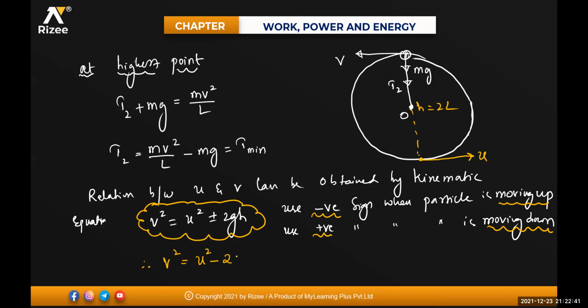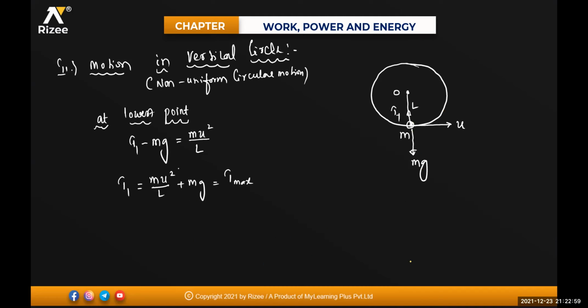With h equal to 2L, this becomes u square minus 4g L. So the relation between the initial velocity and final velocity is v square is equal to u square minus 4g L. Clear, beta? Is it clear?